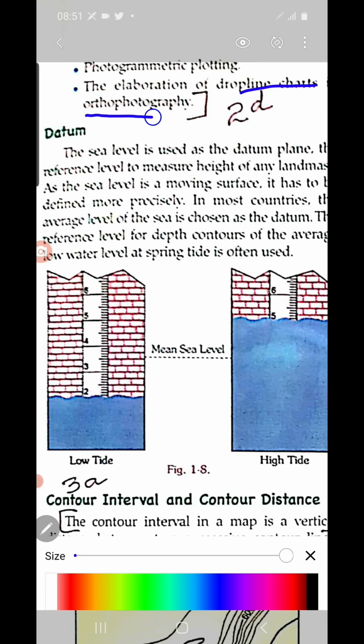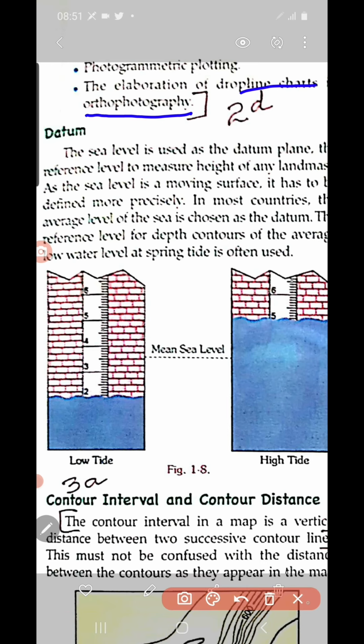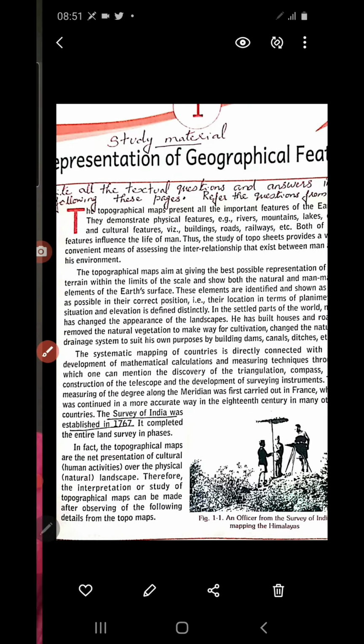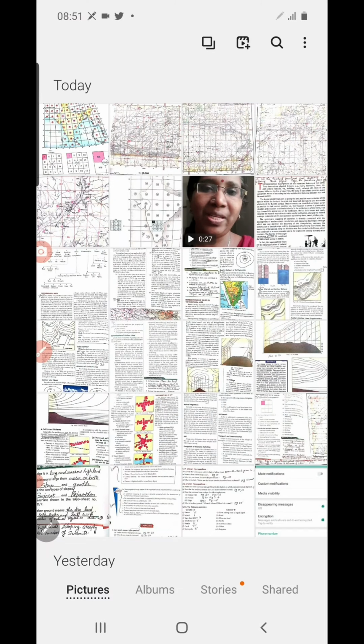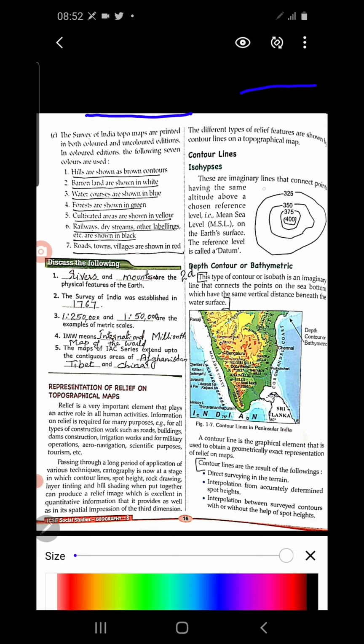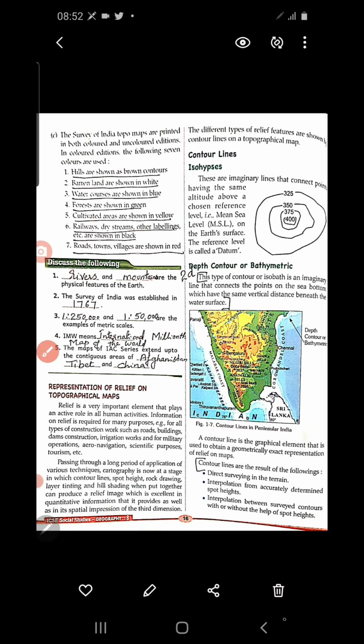And orthophotography may be another type of photography, adopting some scientific method of taking photographs. So they depend upon all these techniques to make contour lines on this topographical map. So we discussed the contour line, and we understood how the cartographer draws contour lines on the survey map adopting different techniques.